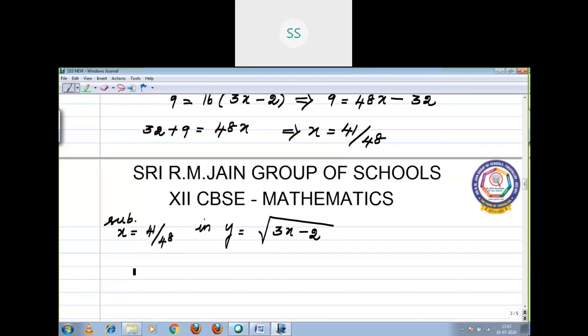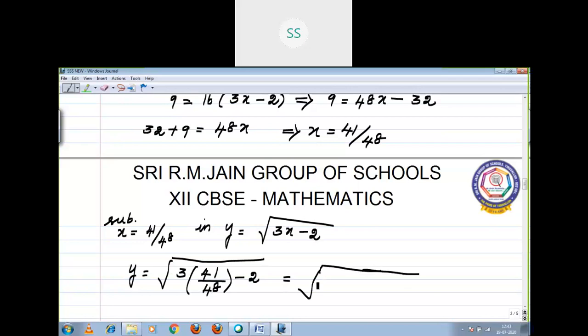Now, y is equal to root of 3 into, what is your x value? 41 by 48 minus 2, which is equal to root of 123 minus 96 divided by 48. What can you get? You see here 123 minus 96.